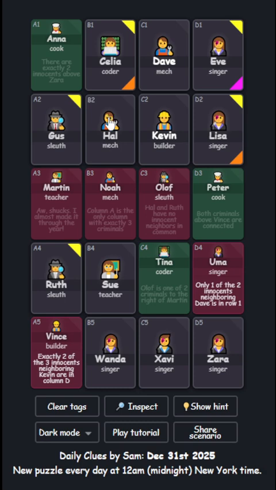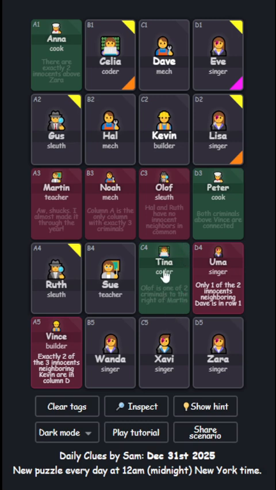So this is the point where it feels like we have run out of useful clues. Let's see if there's anything we've overlooked in the previous clues. There's nothing in Olaf, nothing with Noah, nothing with Anna. Sadly, 2 innocents, so it's one of them. Peter, both criminals above Vince are connected, so one of those, but that's not far enough.